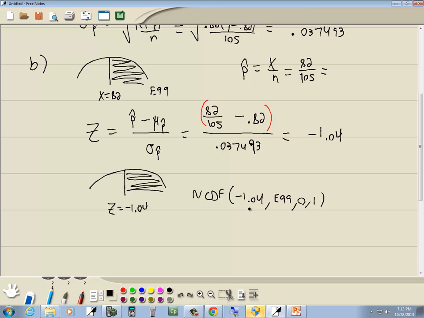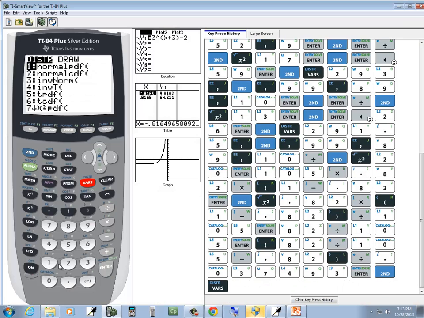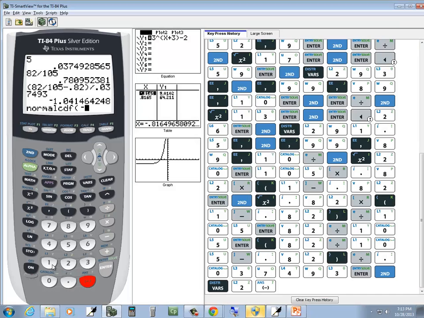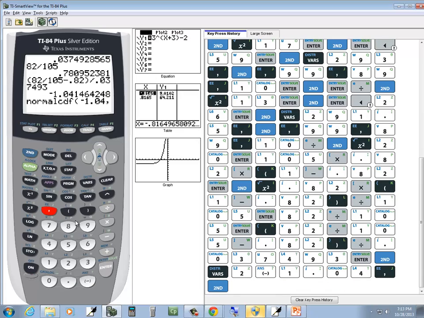Okay, let's plug this one in. So do second vars, normal CDF, negative 1.04, comma, we're going to E99, so second comma 99, comma 0, comma 1. Enter.